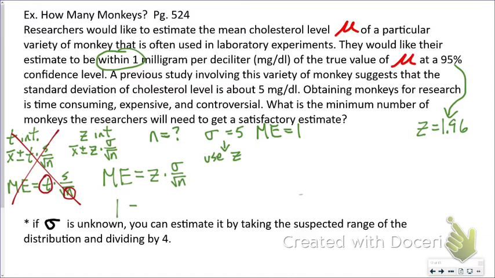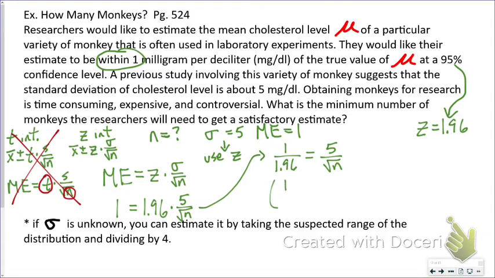We know 1 equals 1.96 times 5 over square root of N. Let's do some rearranging. And we know 1 divided by 1.96 equals 5 over square root of N. A few different ways you can work this. I'm going to square both sides to get rid of that radical.